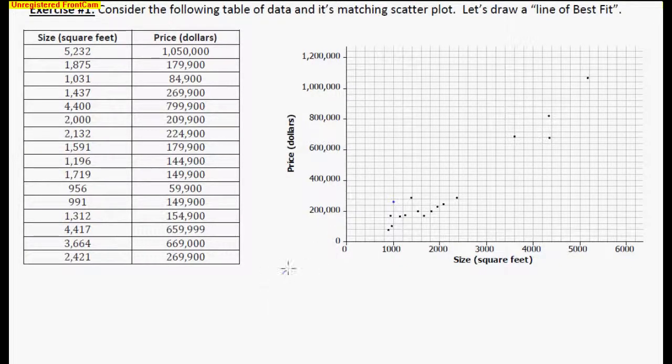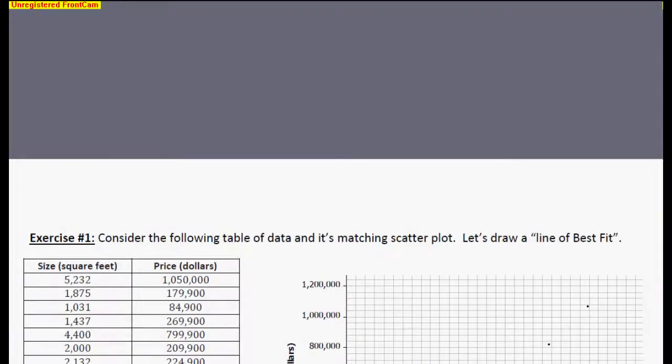But I'm going to do my best to line up all of these points, and I'm actually going to use a little guide on the pad that I'm using, on my tablet.